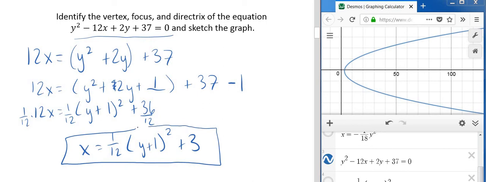Notice we just put that thing in vertex form or standard form. Now I could get the vertex easy. It's (3, -1). My focus and directrix, here's my a value. So I could do 1/12 equals 1 over 4c. Hey, you find your c value. You could find the focus and directrix real quick if you needed to.